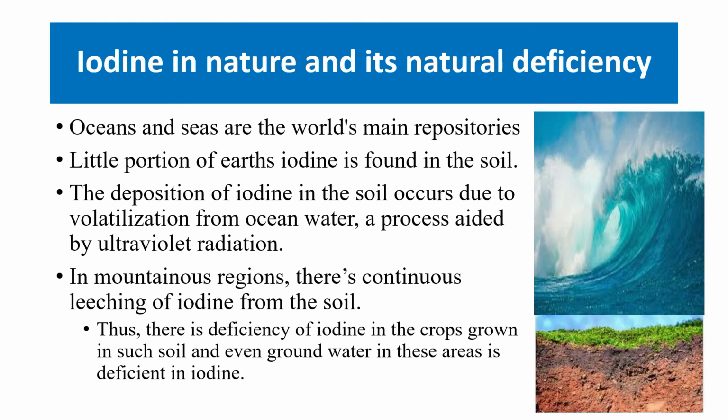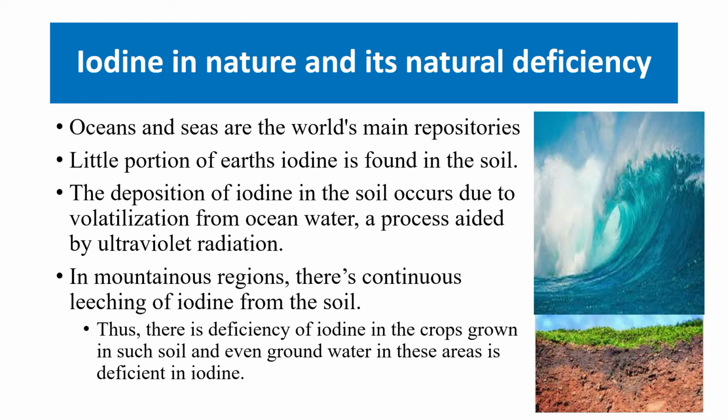Looking at the presence of iodine or its compounds, which are iodides, in nature, it's the oceans and the seas which are the main repositories. Because of volatilization of the ocean water, leading to vaporization and condensation, iodine is carried through winds and falls as rain or snow into the soils, and that's why some amount of iodine is found in soil.